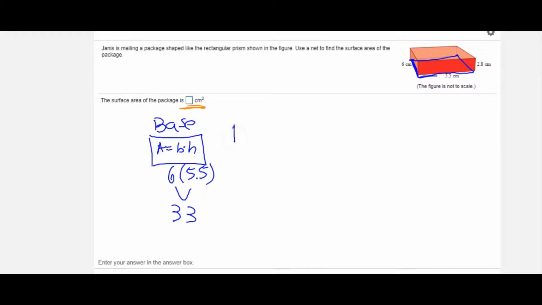Now that I have the area of my base, I want to find the area of my left face. If I outline my left face, I can get my dimensions, or my right face, left and right, same thing. The right face is a rectangle, so I'm going to draw a rectangle, and the formula is area equals base times height.